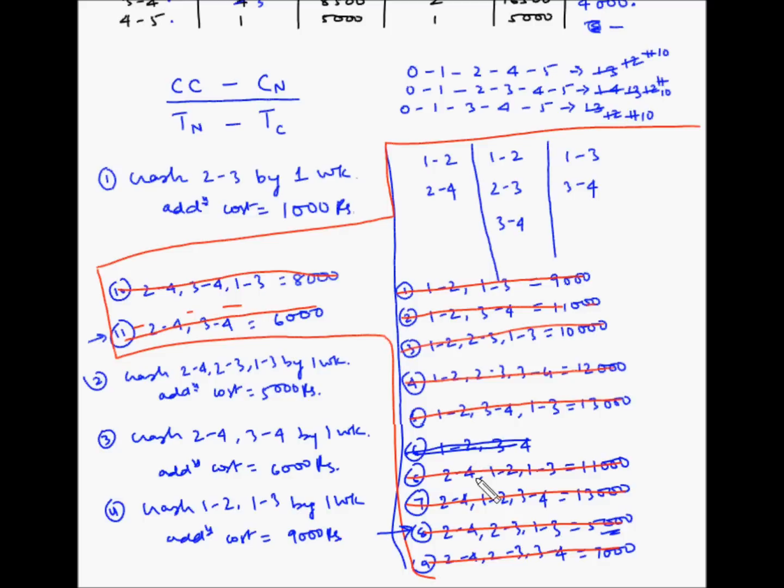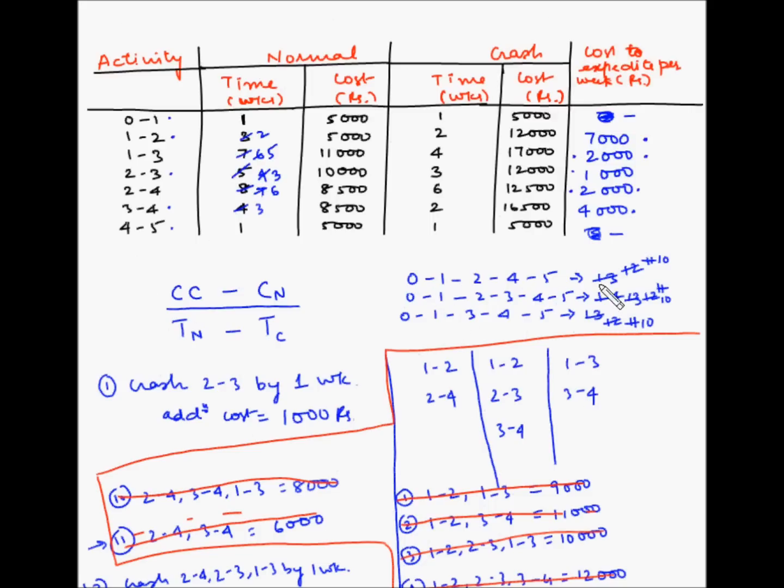So now none of the combinations are available for crashing the project further, and we still have these three paths as the critical paths. So this duration, which is 10, is the final duration, or is the shortest duration within which the project can be completed.